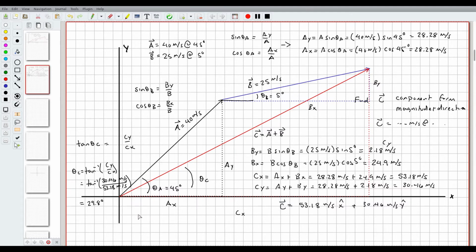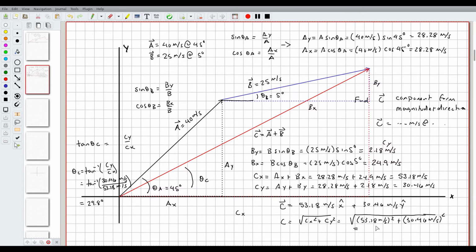Now, what's the length of C? Well, that's the square root of the sum of the squares: the square root of 53.18 meters per second squared plus 30.46 meters per second squared.